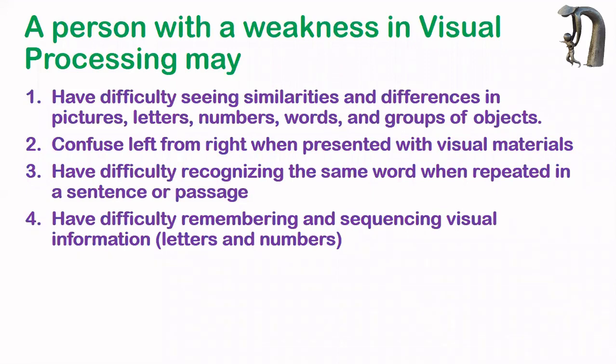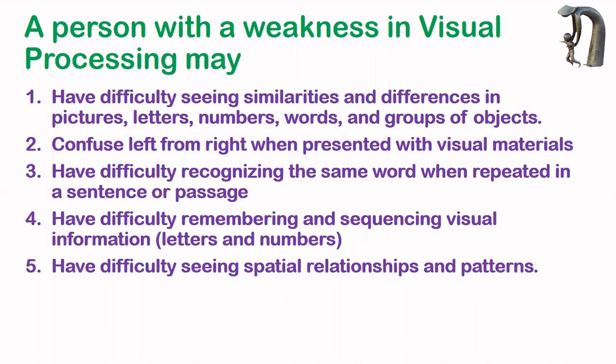They may also have difficulty seeing spatial relations, patterns, and puzzles. So wherever visual processing is involved, if the child has difficulty in that, he may show this kind of problem. There might be more problems which I have not listed here. These are the common problems which the child faces.